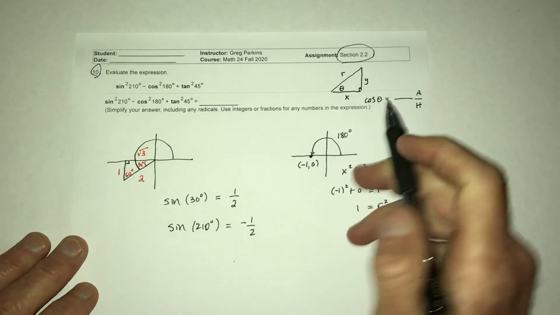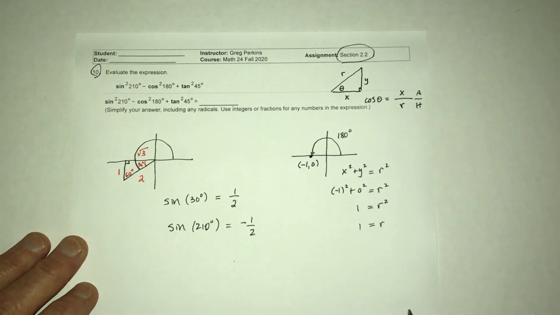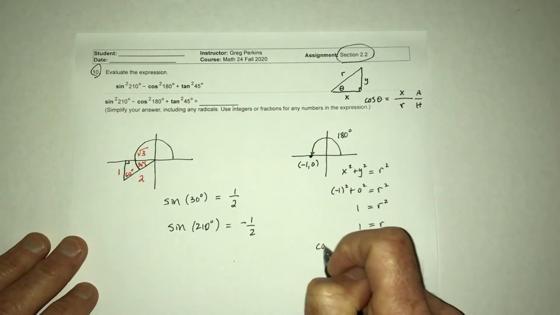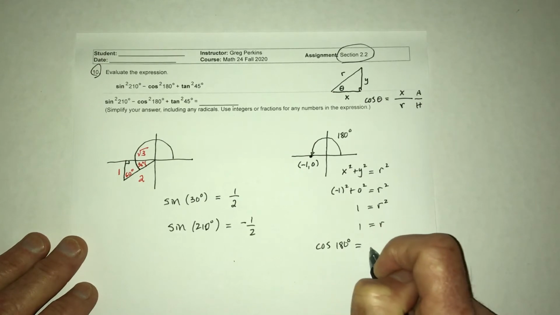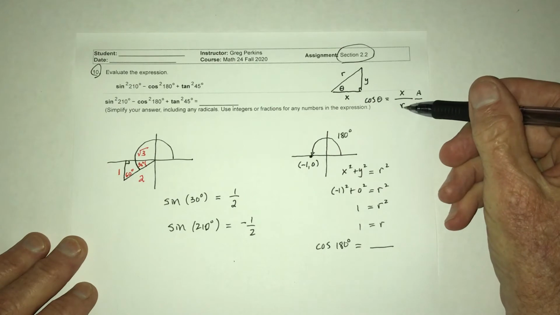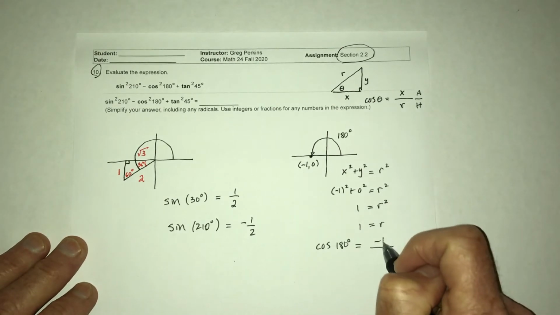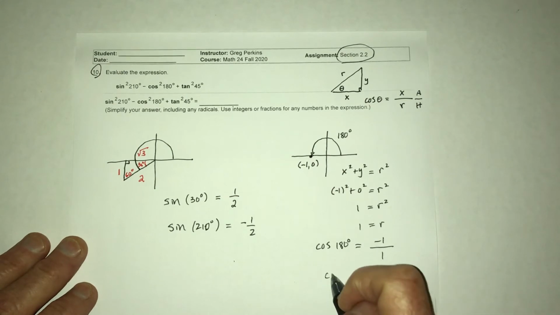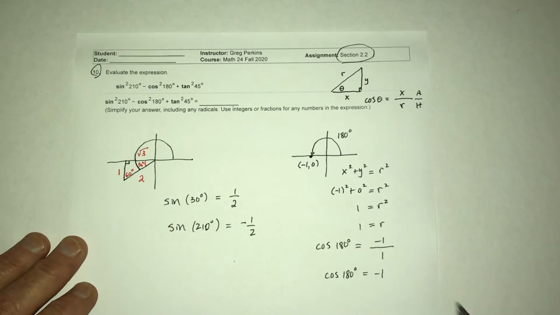So adjacent would be x, hypotenuse would be r. So cosine of 180 degrees equals the x divided by the r. So x is -1 divided by 1. So cosine of 180 degrees equals -1.